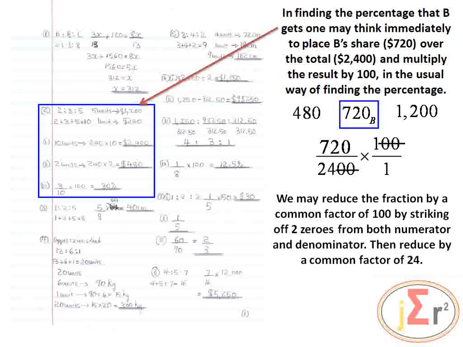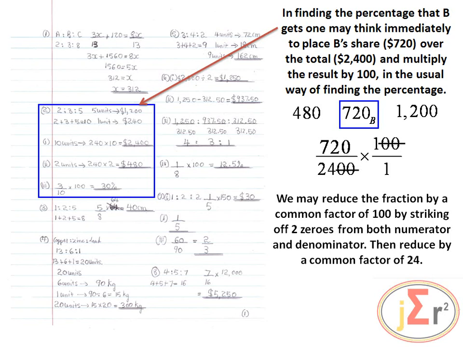But we know that 24 can go into 72 without using a remainder. And 24 into 72 is 3. But do not forget that 0 here. So 30. And 24 into 24 is equal to 1. So the answer is 30%. Very nice.